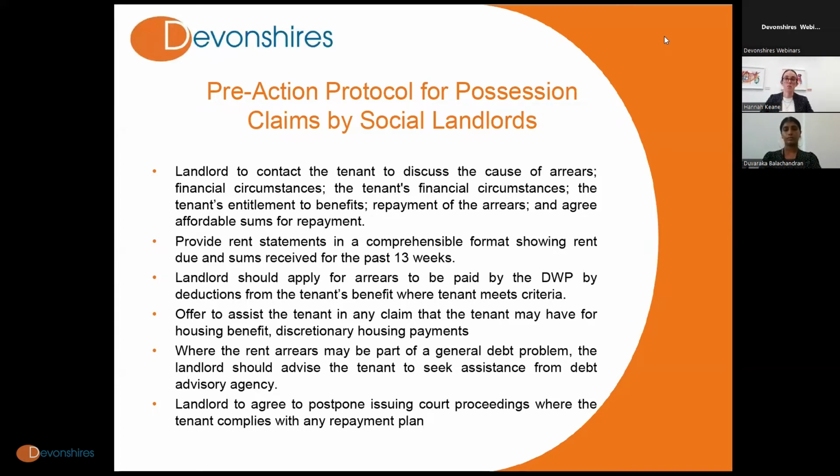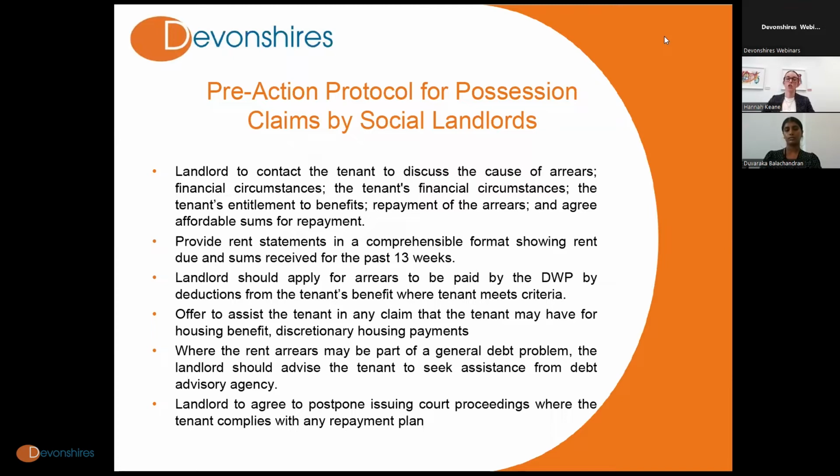So sometimes this can be weekly rent plus £5 towards the arrears. Some tenants are in a better financial position and could do monthly rent plus £50. But certainly explore that in the first instance and see whether you can try and reduce those arrears without having to serve any notices. And, you know, ultimately it could save you some legal fees down the line.